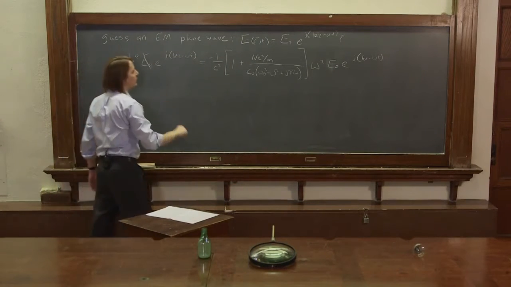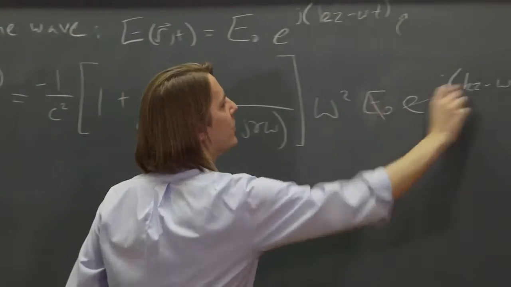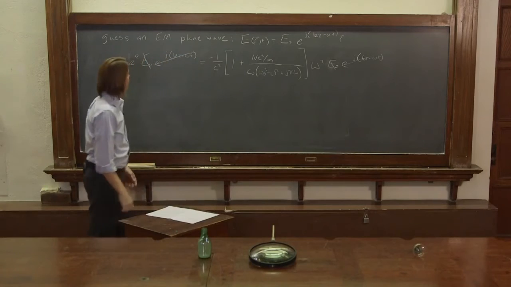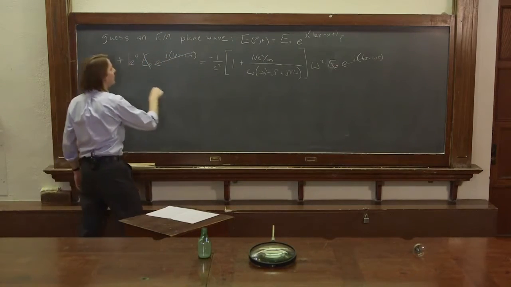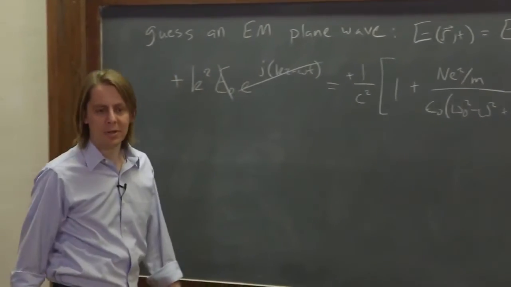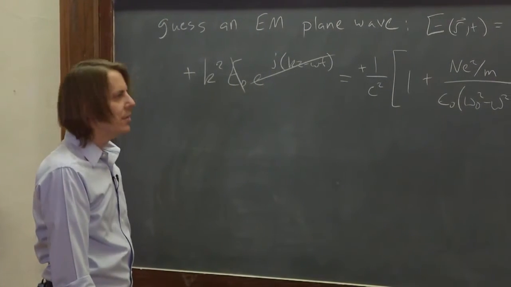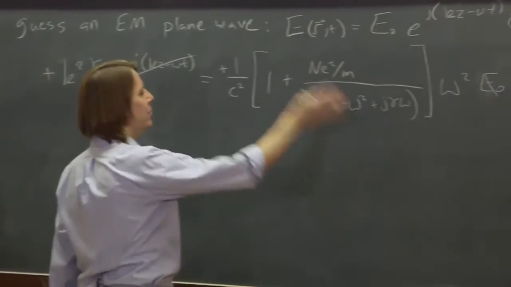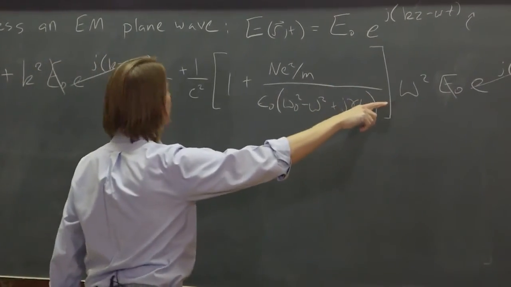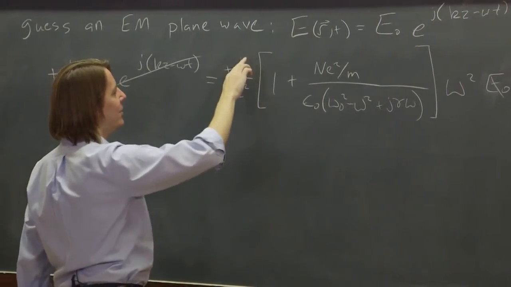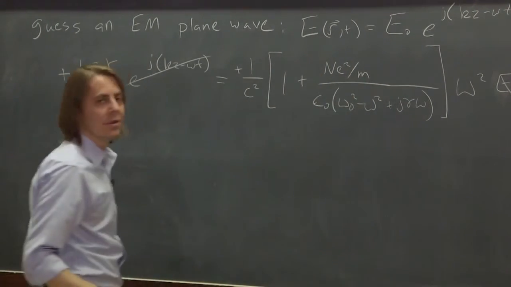So the E naughts can go away, the oscillating part can go away, and that's about all that can go away. We can make them both positive. That makes us feel better if we do that. And we get that, if we bring this over here, ω squared equals k squared times this thing upside down, c squared over this thing.